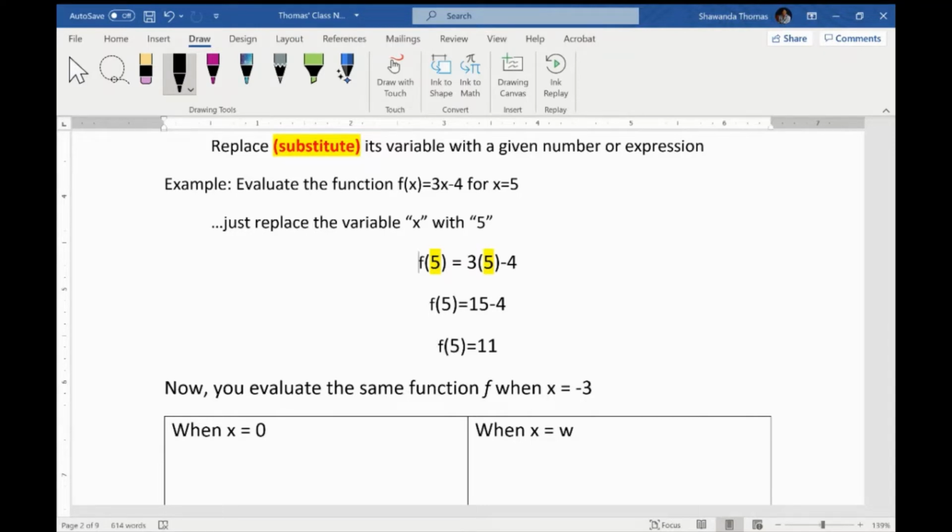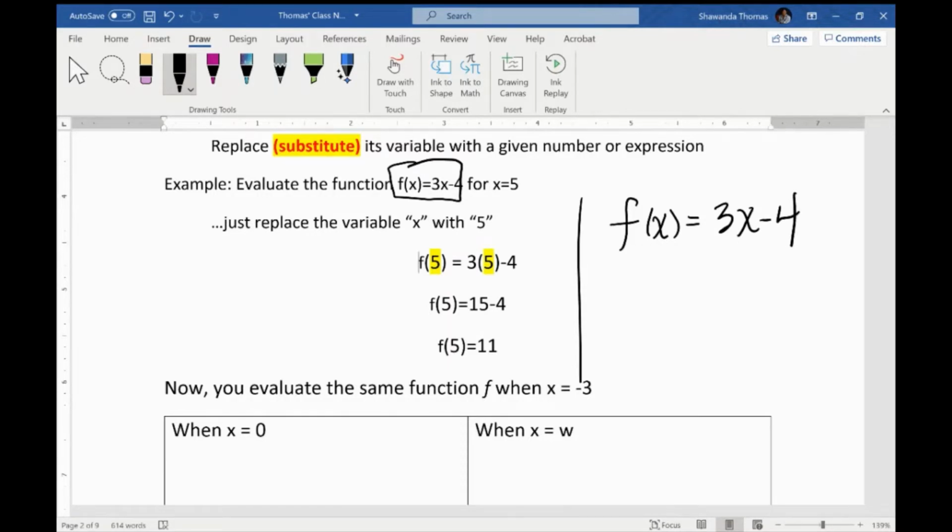All right, we're going to use this same function right here. But what I want you to do is evaluate the same function f when x equals -3. So again, let me rewrite the function over here. f of x equals 3x minus 4.